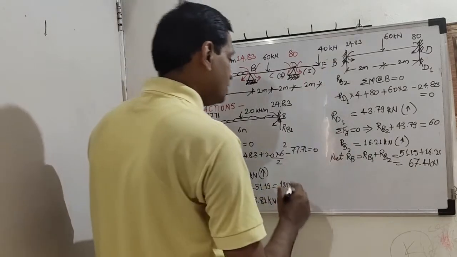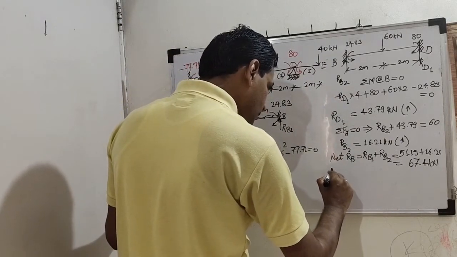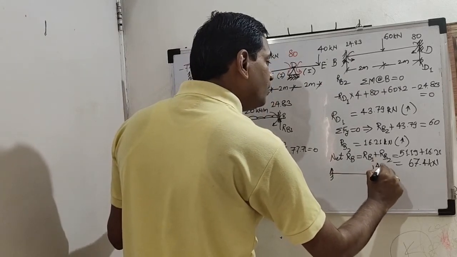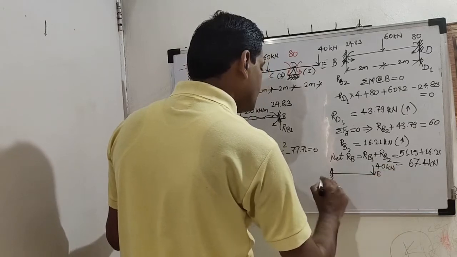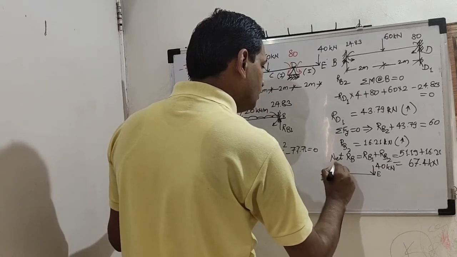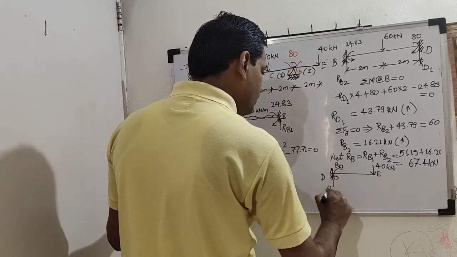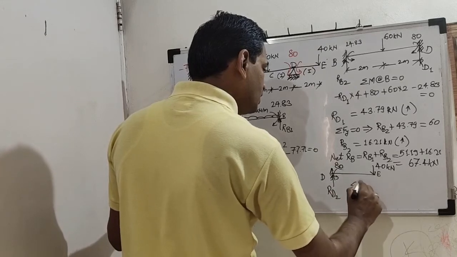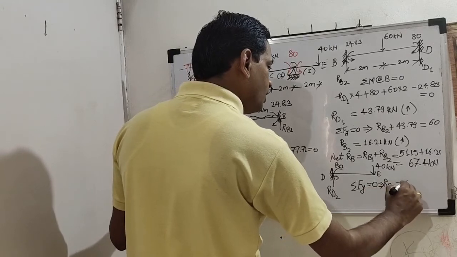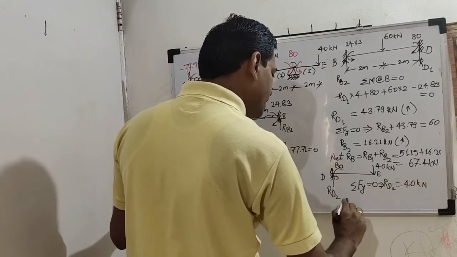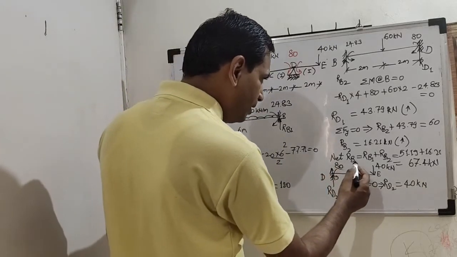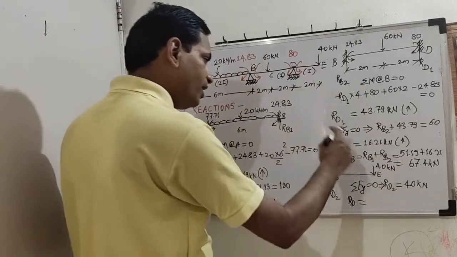Okay, now come to the last part, DE. So this is 40 kilonewton. This is 80. This is RD2. RD2 we will get directly using summation Fy. So what is RD2? 40. So what will be net RD? RD1 plus RD2. How much is RD1? 43.79 plus 40.